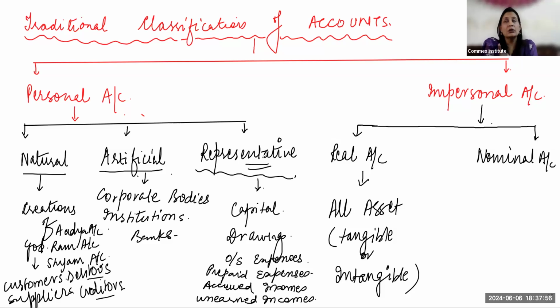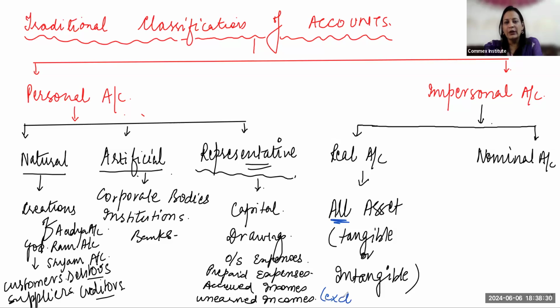All the asset accounts are your real accounts, except your prepaid expenses and your accrued income. We have learned that prepaid expenses and accrued income are asset accounts, but they go under the representative personal accounts. And debtors also will be covered under your natural or artificial persons. So here we can write it excluding all the assets, because we are saying all the assets.